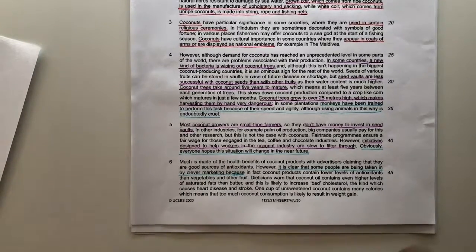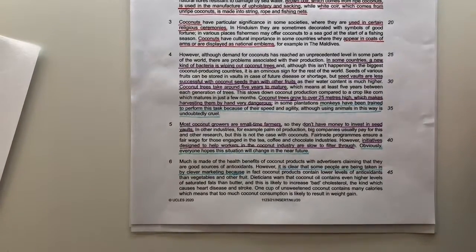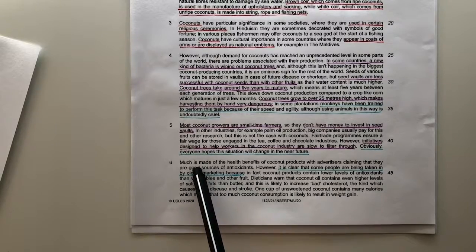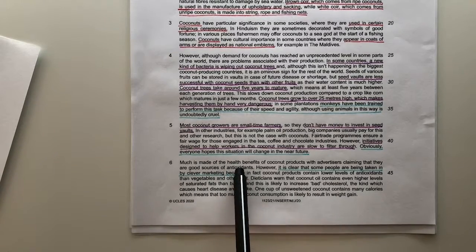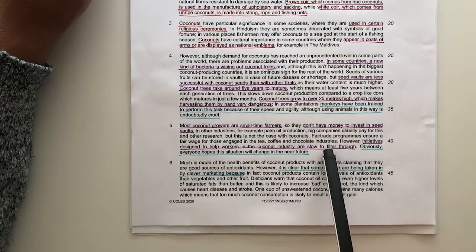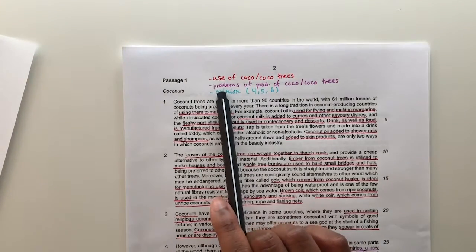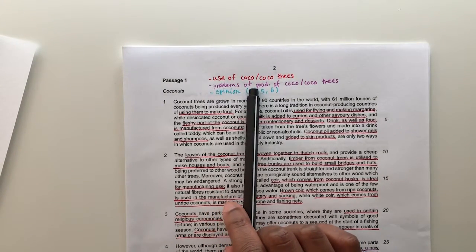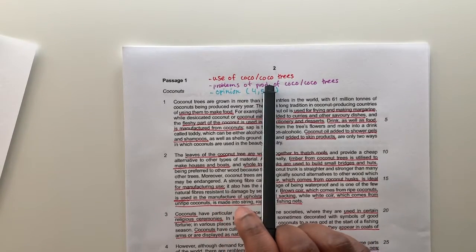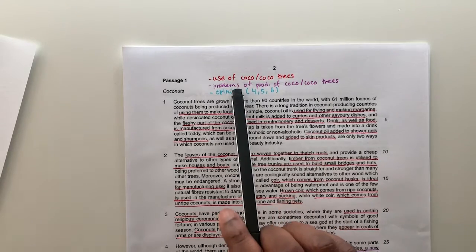All right. So there's also a few things that I wanted to discuss about this last paragraph. Here we talk about the health benefits of coconuts. And the reason why I personally did not highlight anything in purple is because if we remember up here, purple is telling us that we want to highlight problems of production. So we're specifically talking about the production of coconuts and coconut trees.